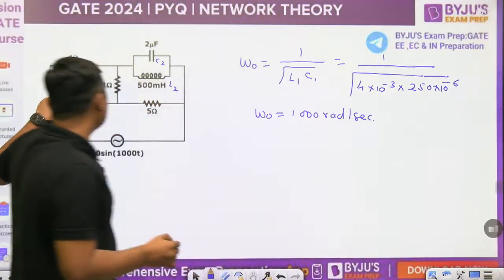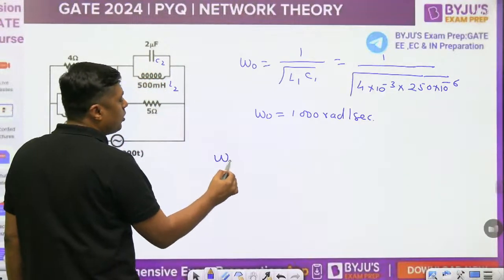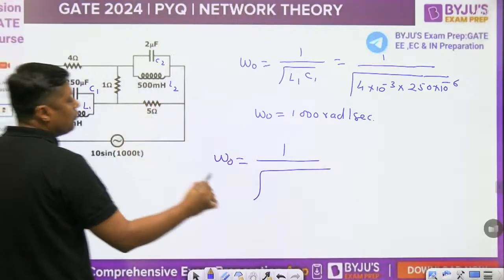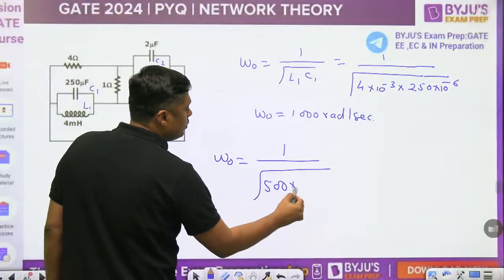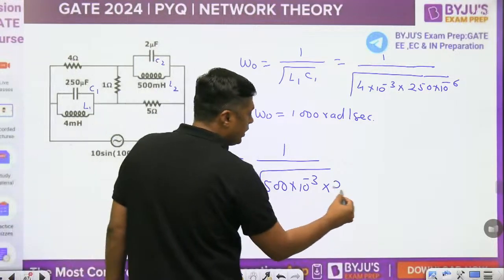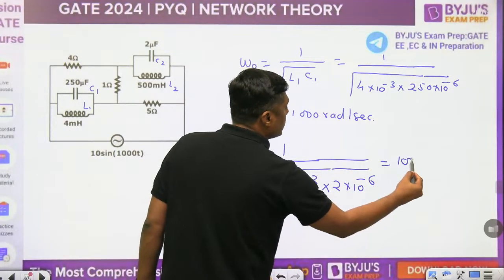The resonant frequency for this is 1000 radian per second. And for this, omega naught is equal to 1 by root over L2 C2. L2 is 500 into 10 raised to power minus 3, into 2 into 10 raised to power minus 6. Again you will get 1000 radian per second.